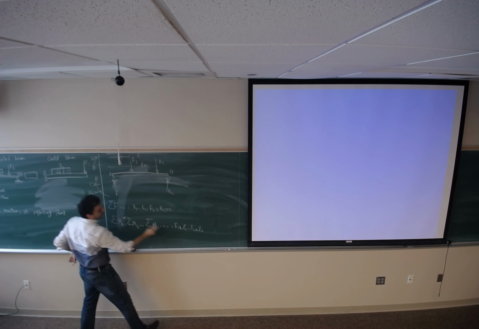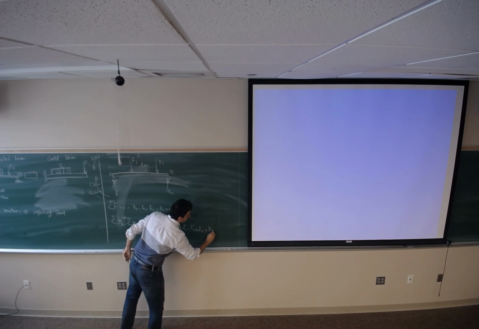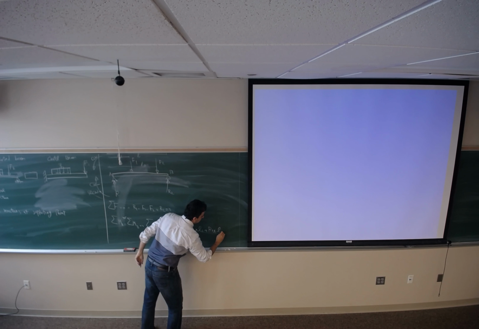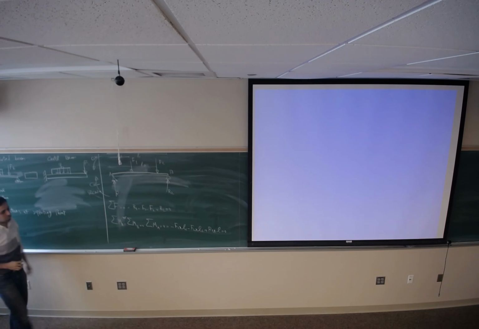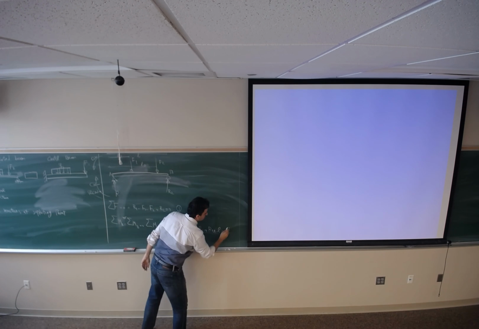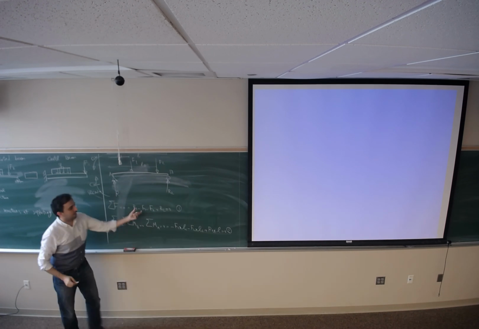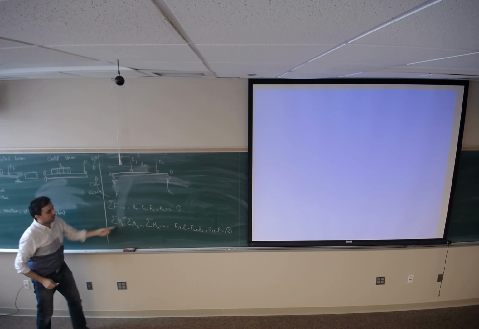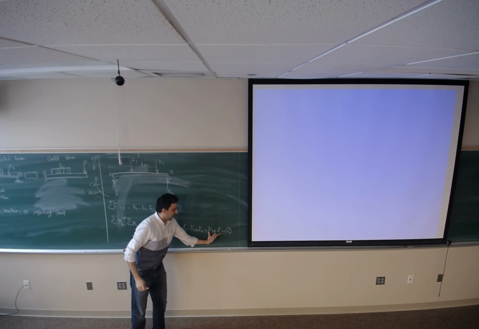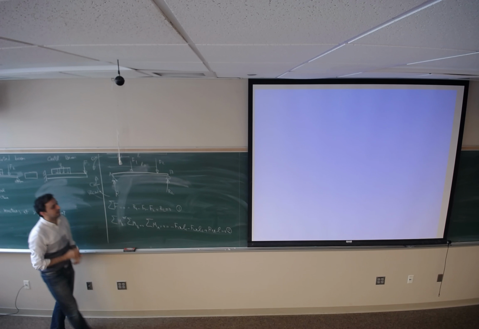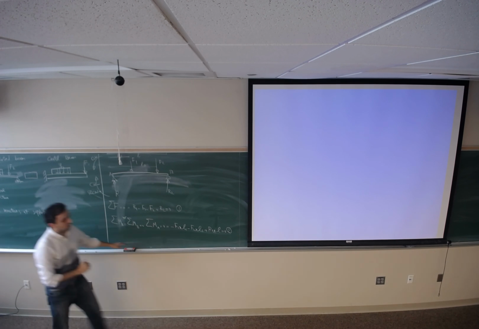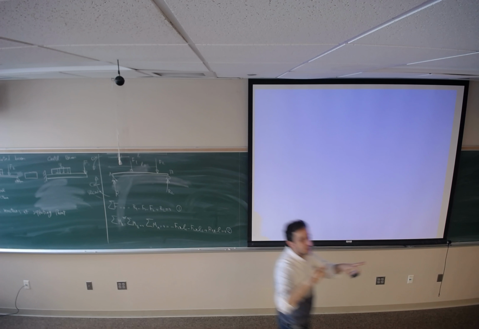So plus R2 times L, set it equal to 0. So equation 1, equation 2. Two equations, two unknowns. R1 and R2 are unknown. I can find R2 from this equation, plug in there, and find R1. So this is the first step that we need to do for all beams, finding the reactions at the supporting points.